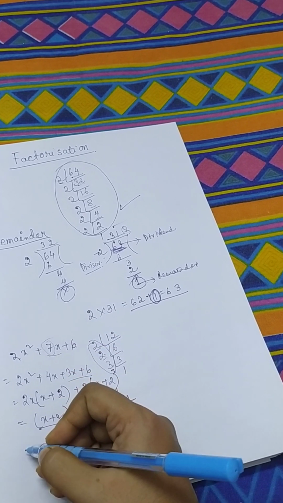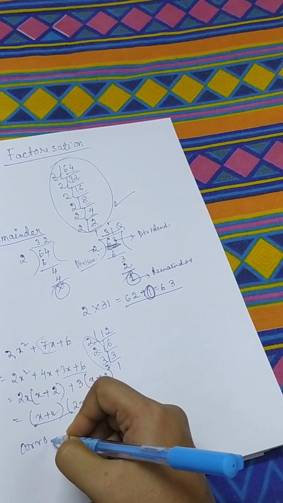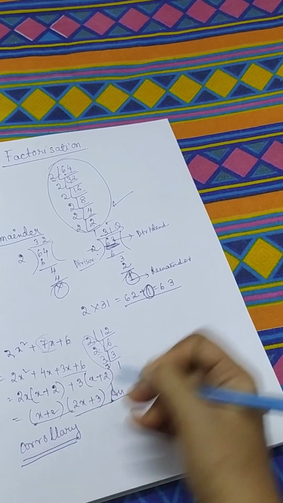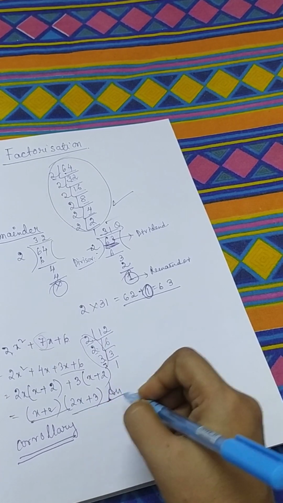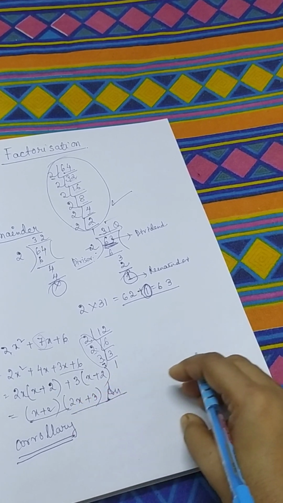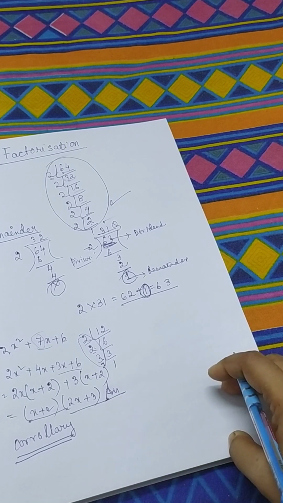Corollary. It is very important. There are two corollaries. So first of all, I am writing these two corollaries, then I will explain them to you.